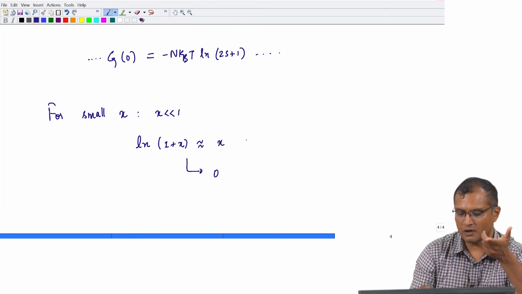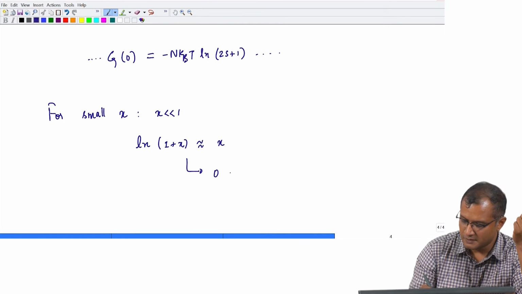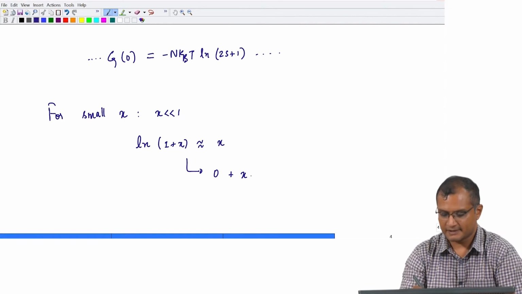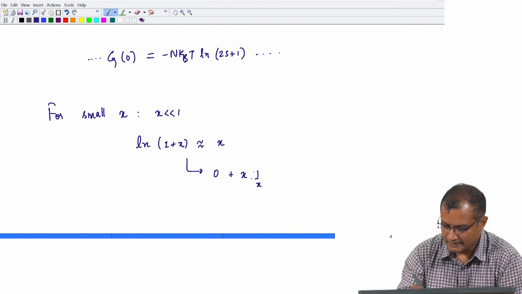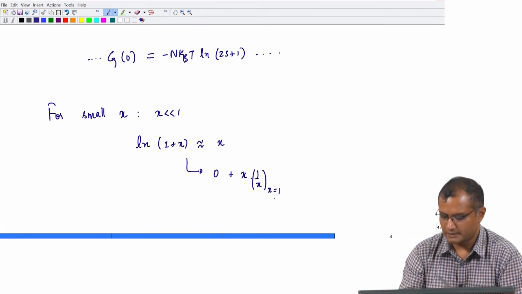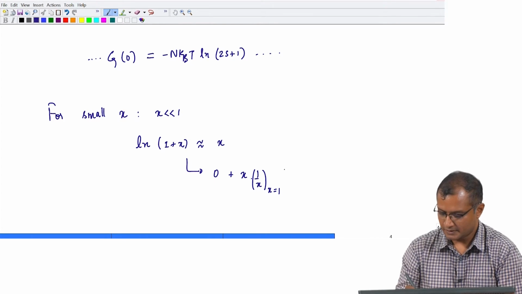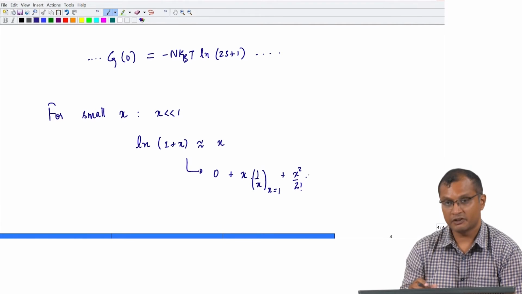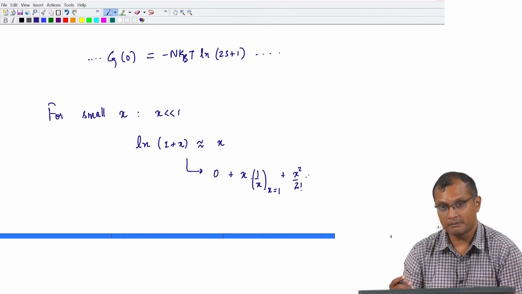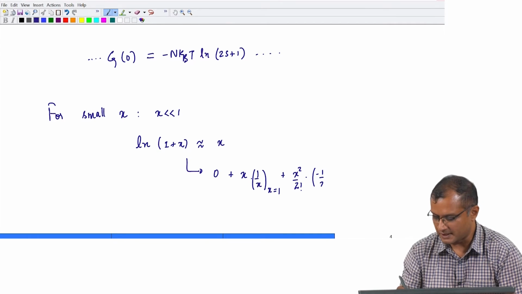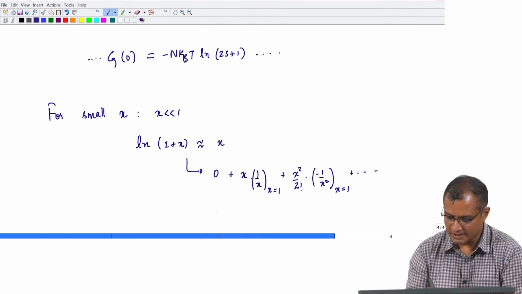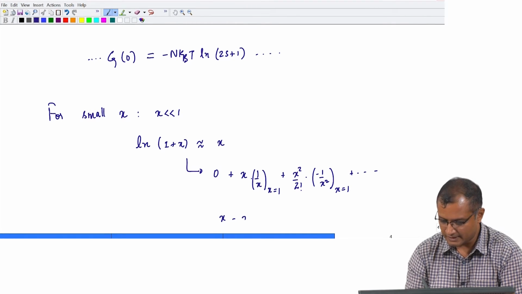Then plus x times the derivative of ln x, which is 1 upon x at x equals 1, plus x square by 2 factorial times the derivative of 1 by x, which is minus 1 by x square at x equals 1, and so on. So, what you get here is nothing but x minus x square by 2 and so on.